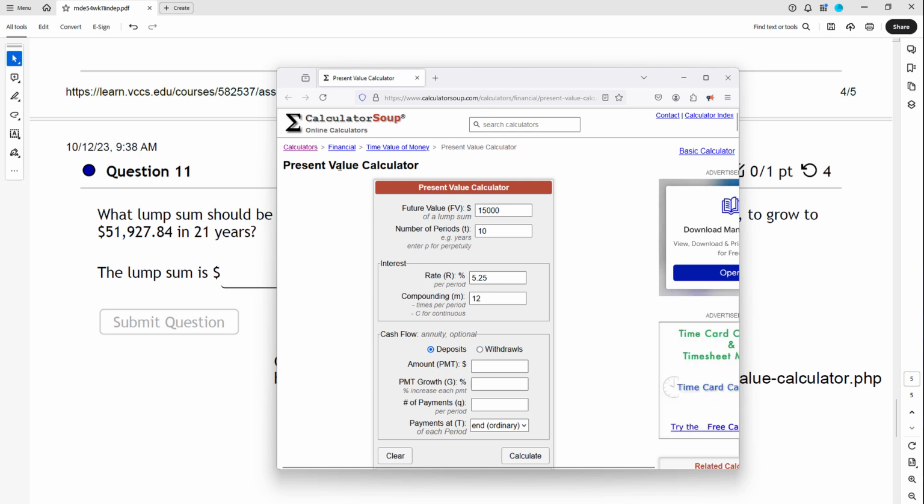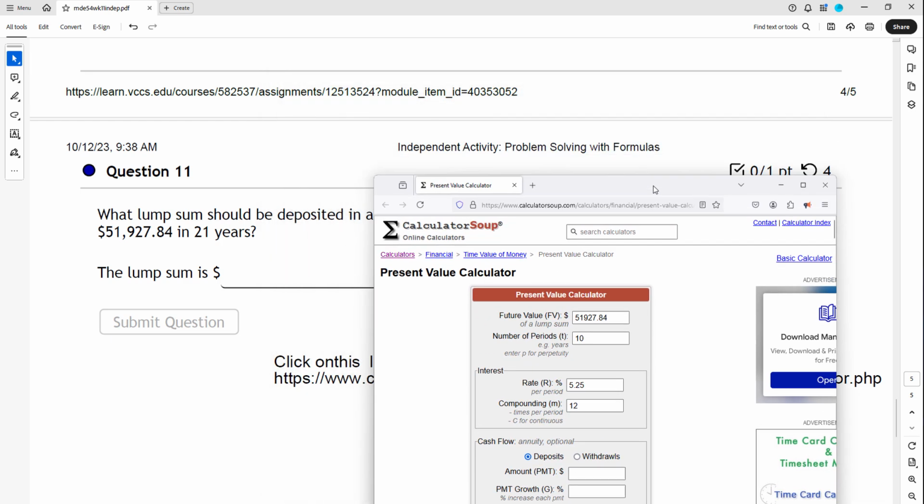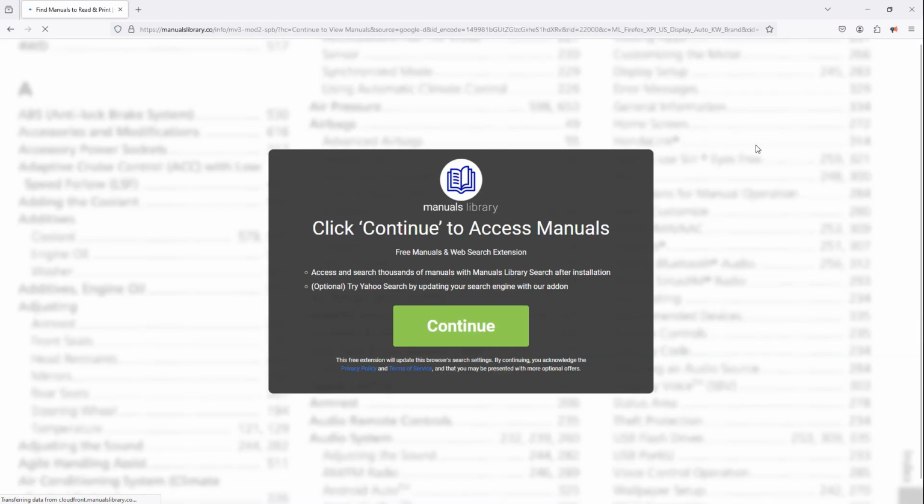For the future value here. Okay. Number of years. 21 years.